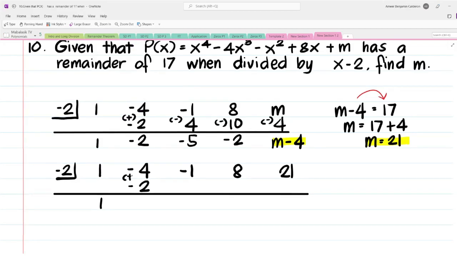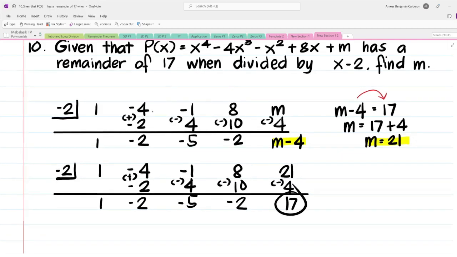Change the sign. So that is negative 2 times negative 2, that is positive 4. Change the sign, that is negative 5. Times negative 2, that is positive 10. Change the sign, so that is negative 2. Times negative 2, that is 4. Change the sign, 21 minus 4, 17. The remainder is 17.